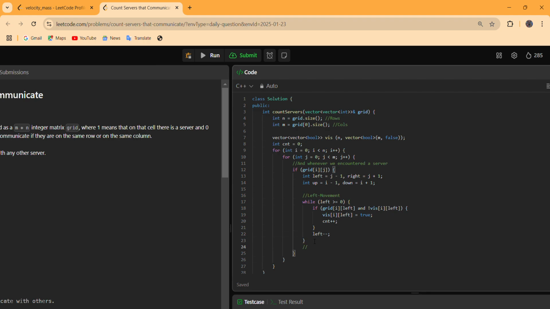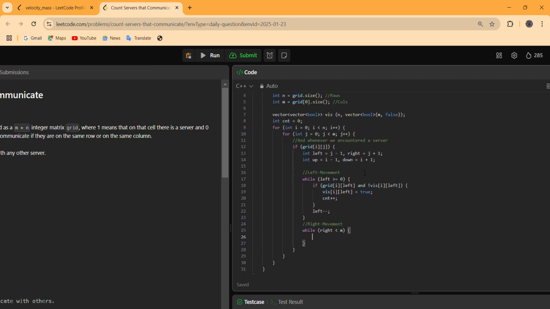Now we have to move in the right direction. While moving in the right direction, we have to take care that the right variable does not exceed the column size, because moving in the right direction will eventually lead us outside of the boundary of the matrix.